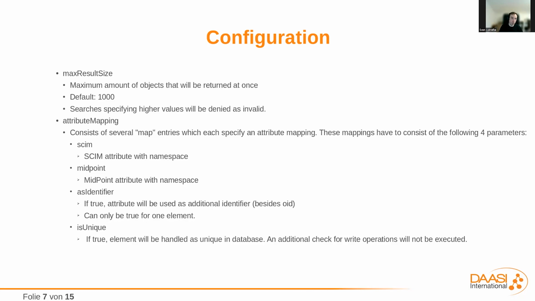So if you create a new entry via the SCIM overlay and you defined in your mapping one attribute as unique, and this is not the case because of your request, there's no check which will be executed here. So this is only for search operations in order to improve them. It's not for write operations or any kind of thing like that, or patch operations.